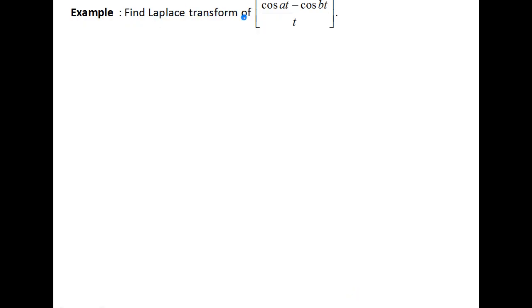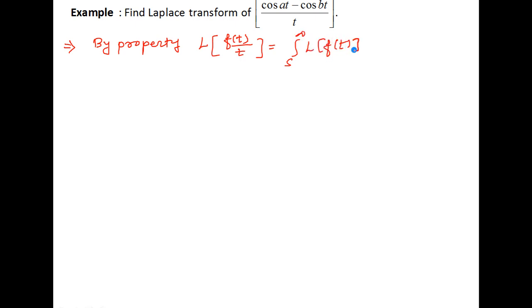Find the Laplace transform of cos at minus cos bt upon t. So here again by the property, as t is divided to the function, we can use the division property. Again by the property, Laplace of f of t upon t is equal to integration s to infinity Laplace of f of t ds.